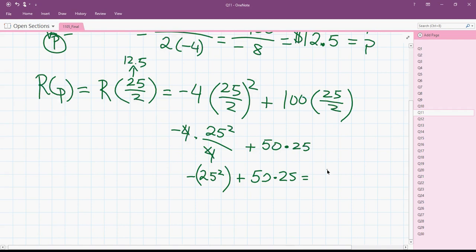And that gets us a maximum revenue of 625. So that's equal to R, and that occurs at a p-value of 12.5.